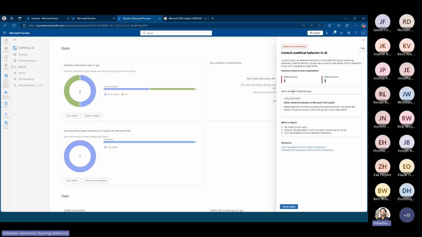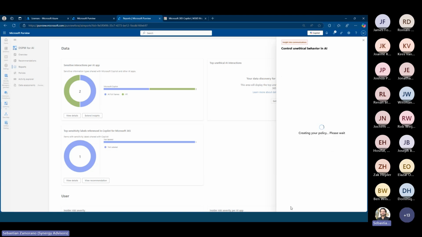And in this case, if I want to control unethical behavior, that means someone talking about money laundering or fraud or stock manipulation, and is working with the AI to say, okay, how can I remove this protection, how can I get this information, we need to use communication compliance to get that kind of information.